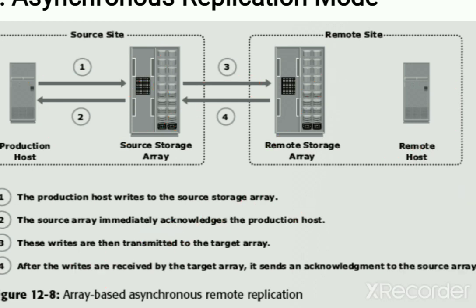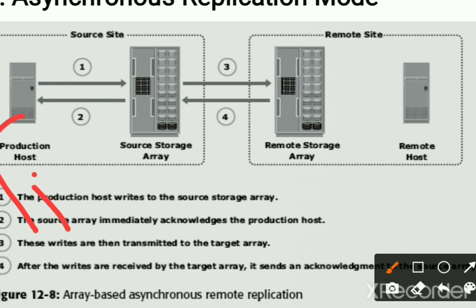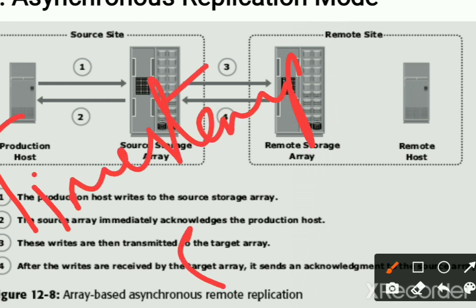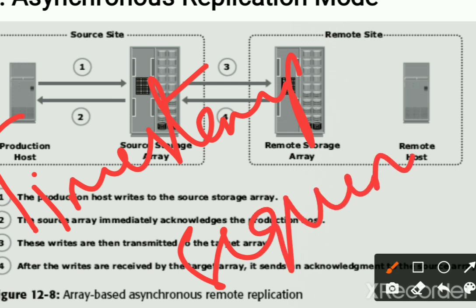Each and every time there is a write operation, they involve the timestamp, please do remember, and the sequence number. This timestamp and sequence number provide important information for the data that is to be written, and give the amount of the write that has been done to the remote array.